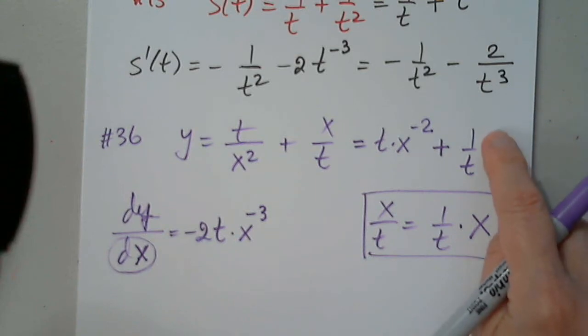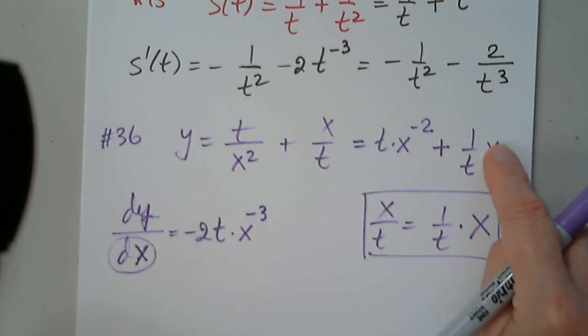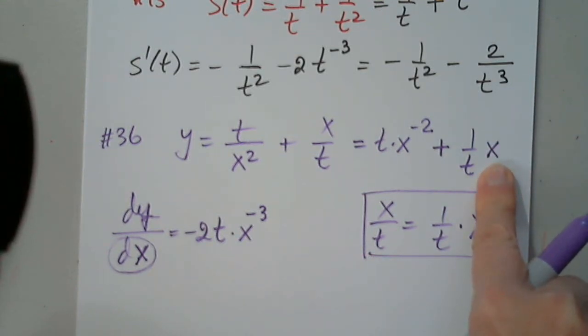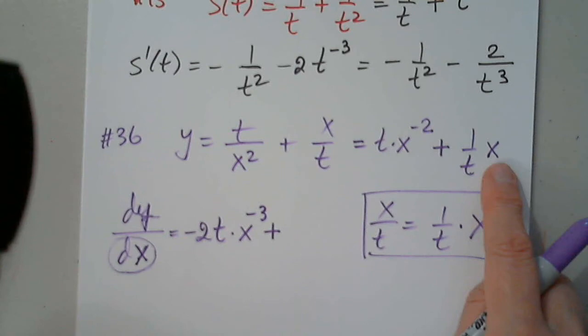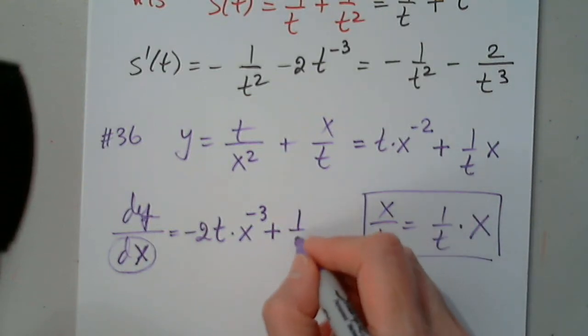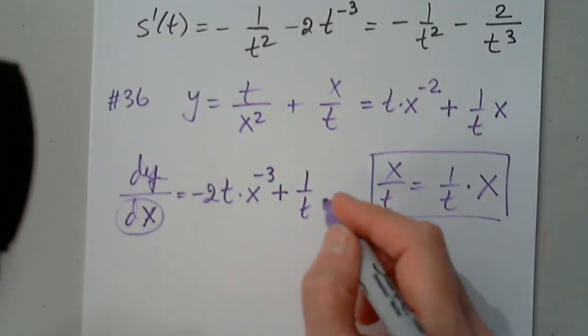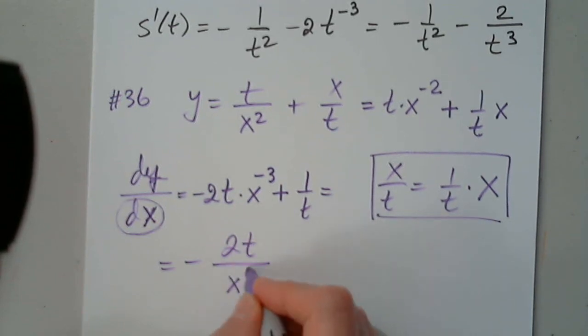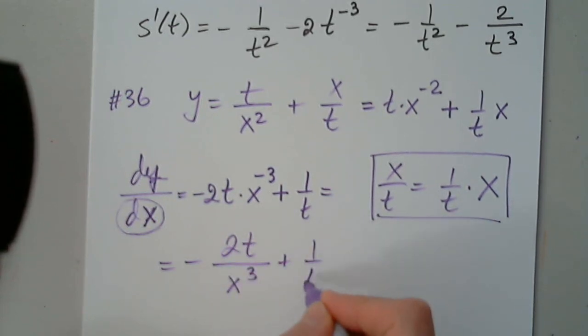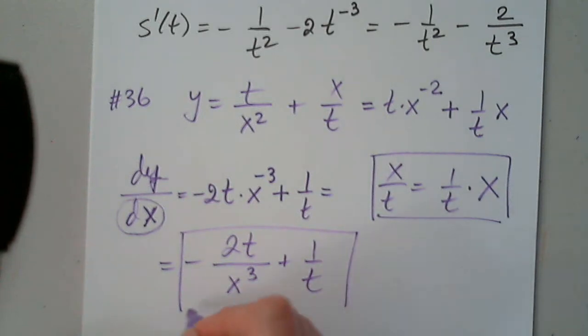But what is the derivative of x? One. Very good. So all we have is 1 over t. So this final form is negative 2t over x cubed plus 1 over t. Done.